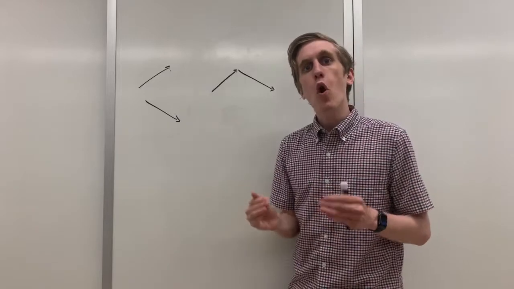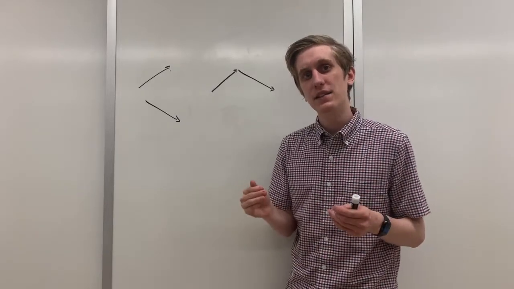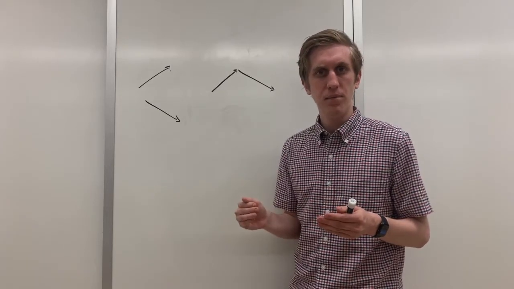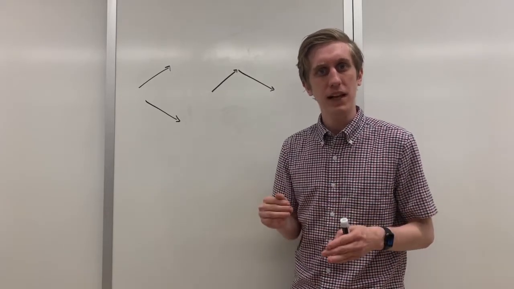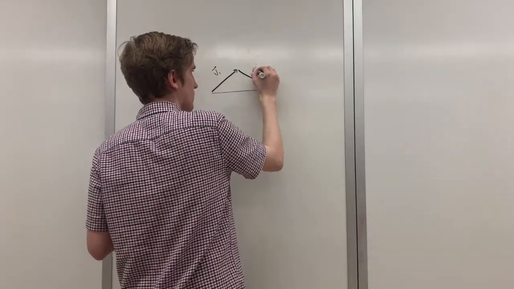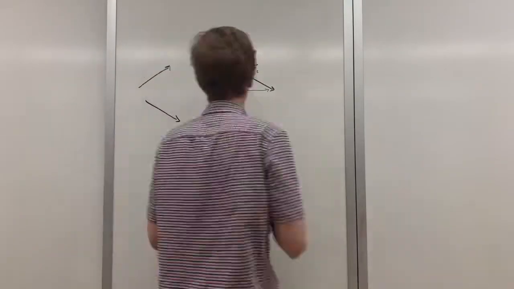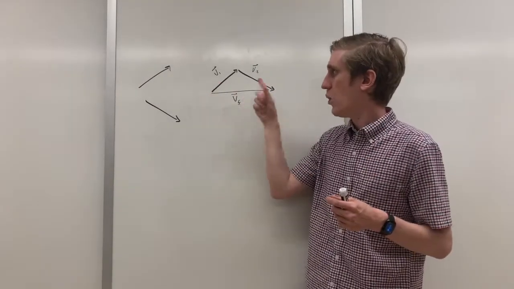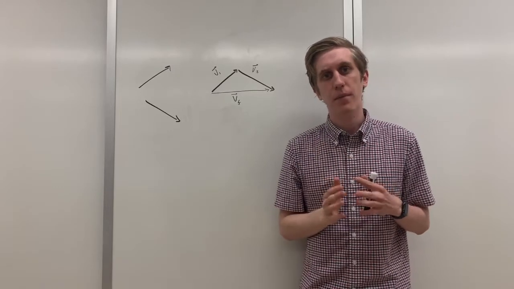To figure out what the final vector is, we just connect the tail of the first vector to the tip of the second vector. This vector here is what we get when we add vector 1 and vector 2 together.